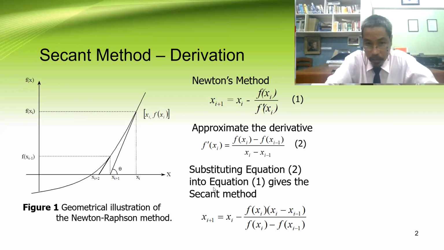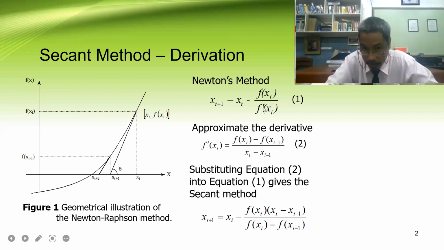Okay, so substituting equation 2 into equation 1. This is our Newton's method from the last module. Let us substitute the first derivative here. What will happen? This part will become the denominator, and since this is a denominator, the denominator of this will become the numerator.